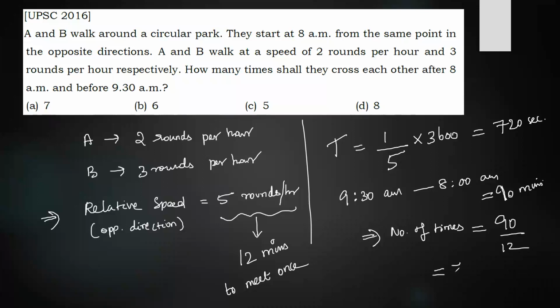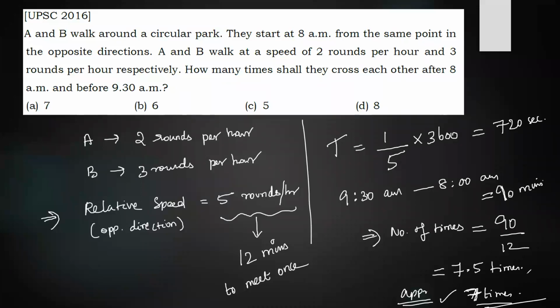So by dividing 90 minutes by 12 minutes, we get 7.5. The lesser value is 7. Good. So 7 times. Perfect. Therefore, number of times equals 90 by 12. If you divide it, you will get 7.5 times.